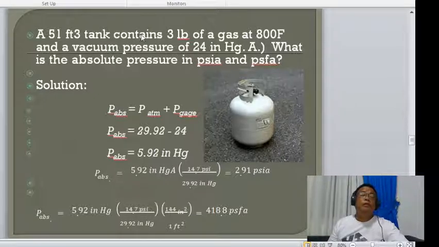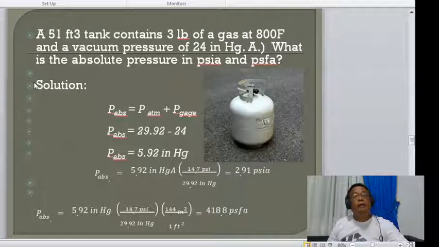Substituting the values, we have the atmospheric pressure, which is equivalent to 29.92, this is constant, minus 24 inches of mercury vacuum. The difference is the absolute pressure, which is equivalent to 5.92 inches of mercury.